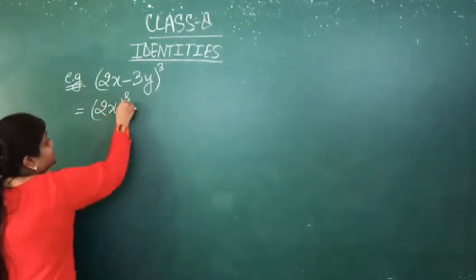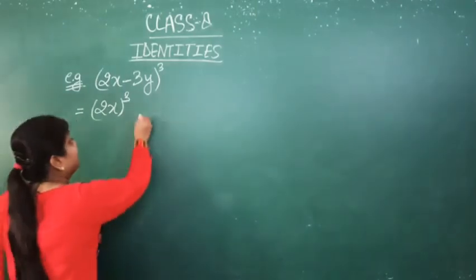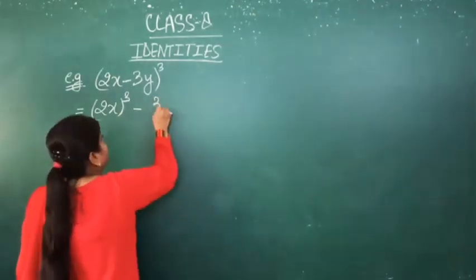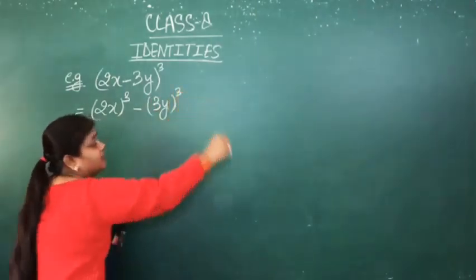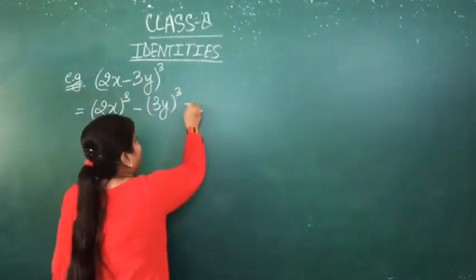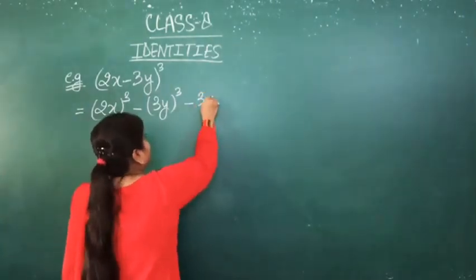A cube means (2x) cube, minus b cube means (3y) cube, minus 3ab.